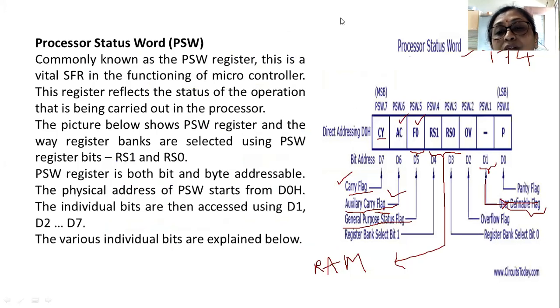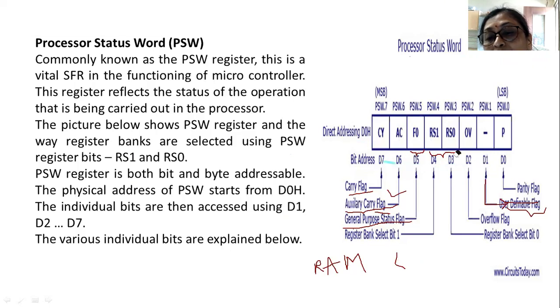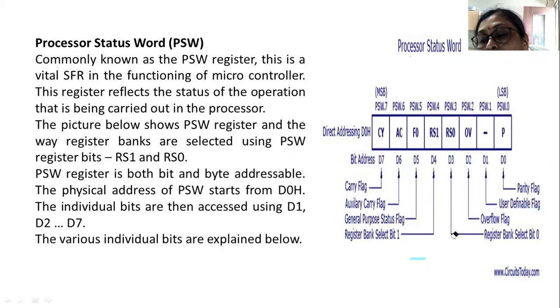Are you clear about this, students? Yes, tell me. First you tell me, then we will move forward. Otherwise, we will not move. I will answer your doubts. Are you clear about the CY flag? Are you clear about the AC flag? Are you clear about the F0 flag? Are you clear about RS1 and RS0? Tell me.